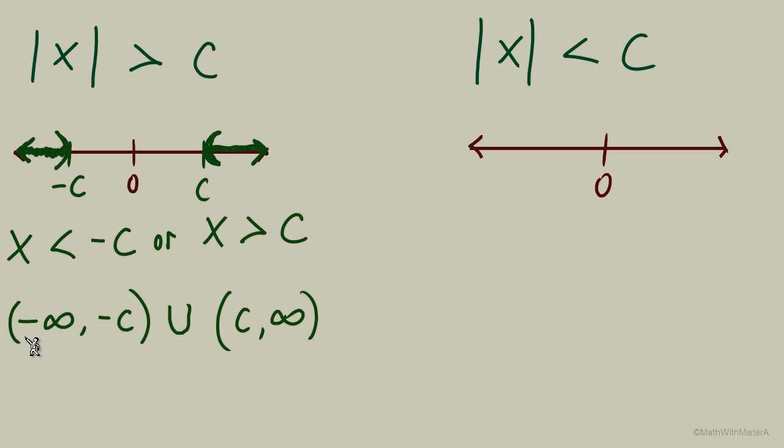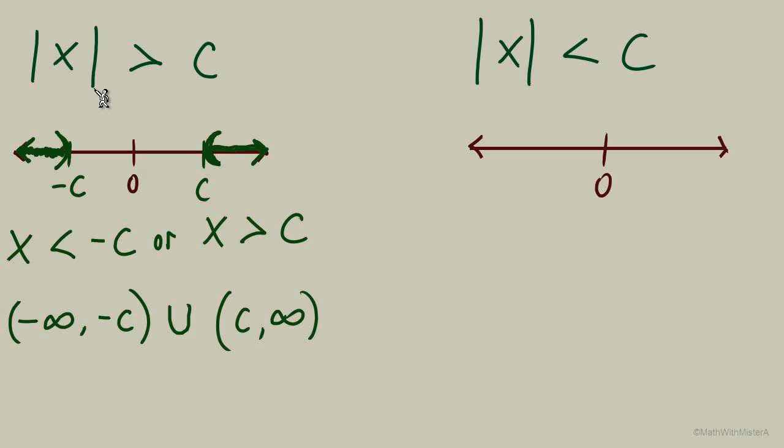We always write our intervals from left to right with the smaller number and then the larger number. This shaded interval goes from negative infinity as far left as possible on the number line, and the shaded area continues to negative c and then it stops. And then our other interval begins at c and continues to the right. And we join these two with the union symbol.